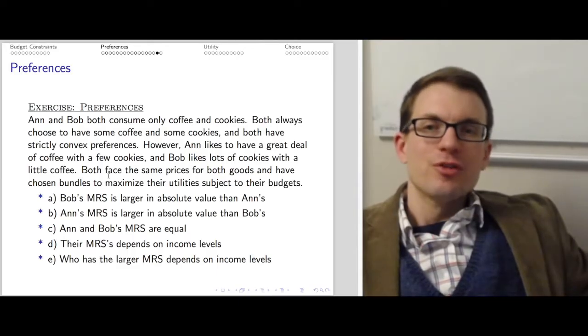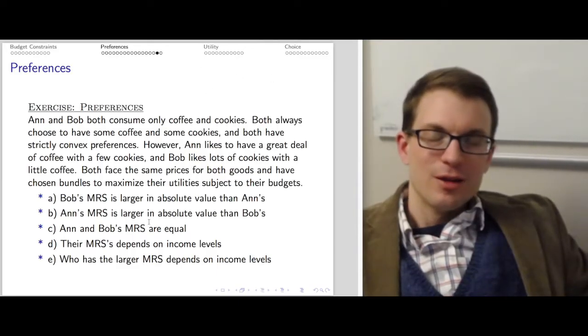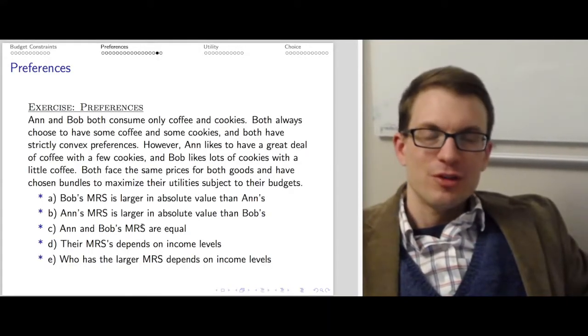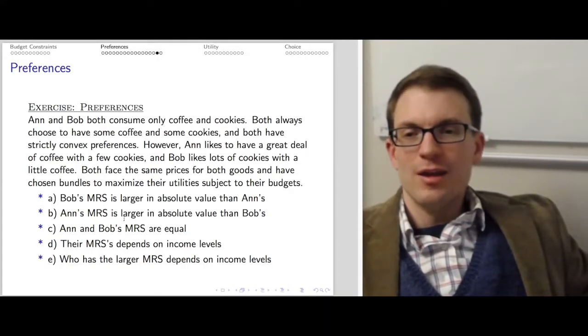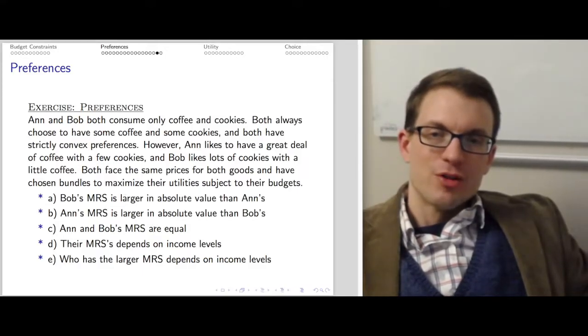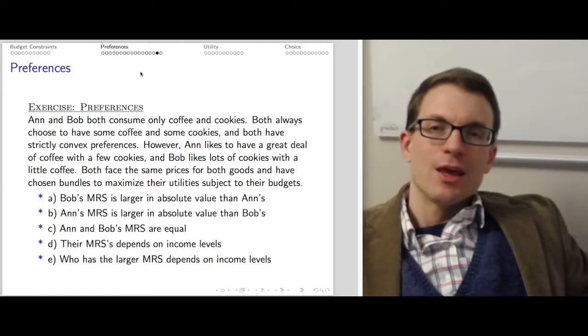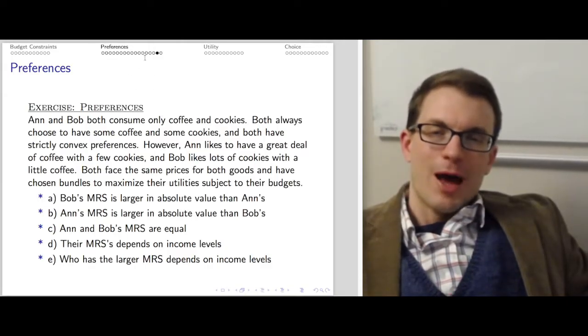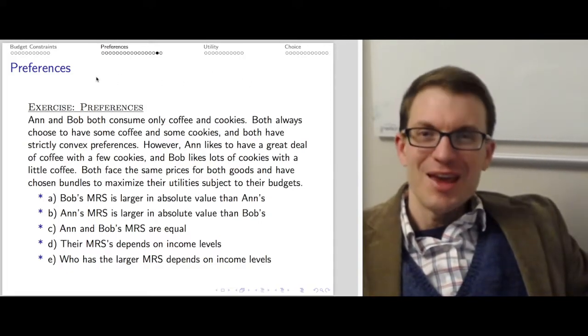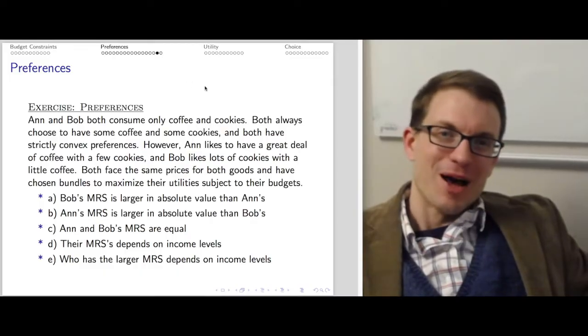By that principle, which I'll introduce in a little bit, if they face the same prices and they're optimizing, then it must be the case that their marginal rate of substitution is equal, because Bob sets Bob's MRS equal to the price ratio, and Anne sets Anne's MRS equal to the price ratio. Price ratios are the same, so Anne's MRS equals Bob's MRS.